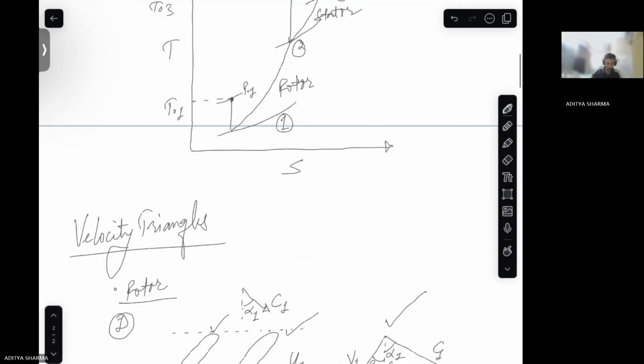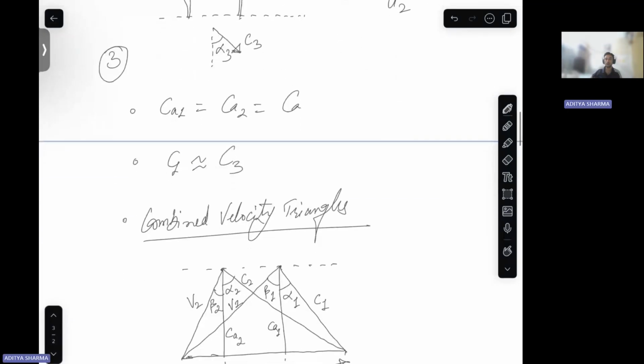Because of this, the temperature change across one stage of the compressor, which ideally has to be high, will be less than that, because this profile of axial velocity CA is not constant along the blade height.